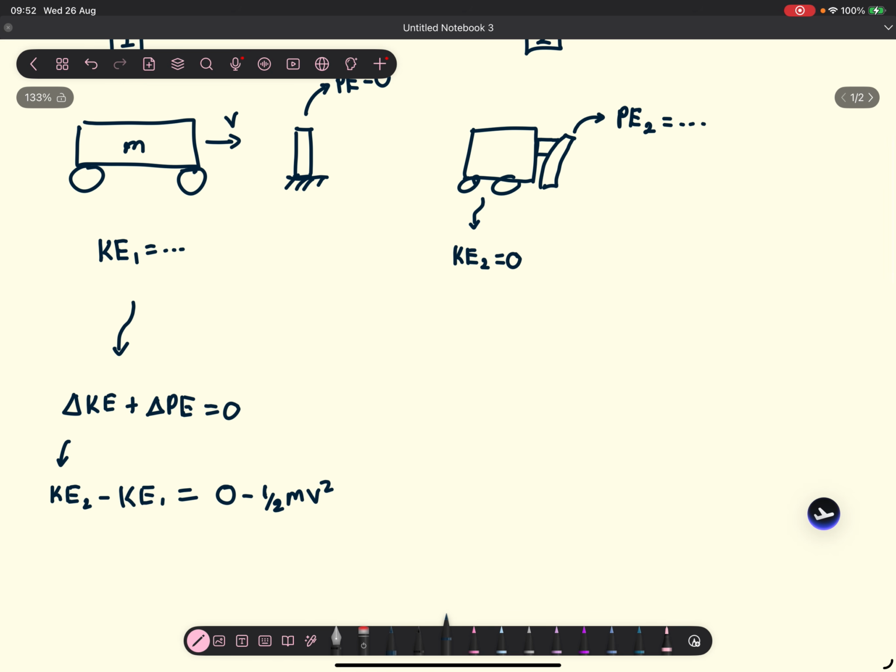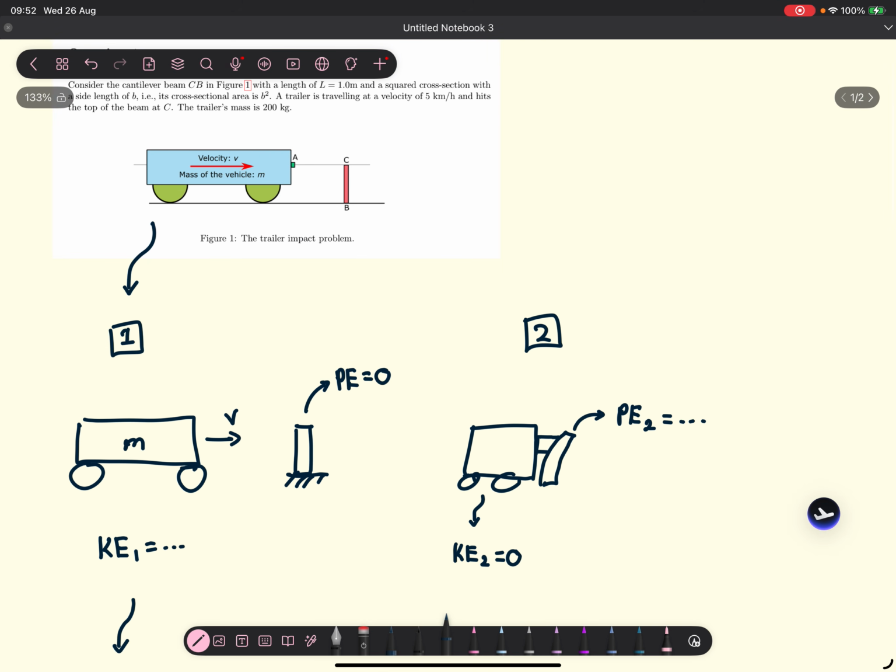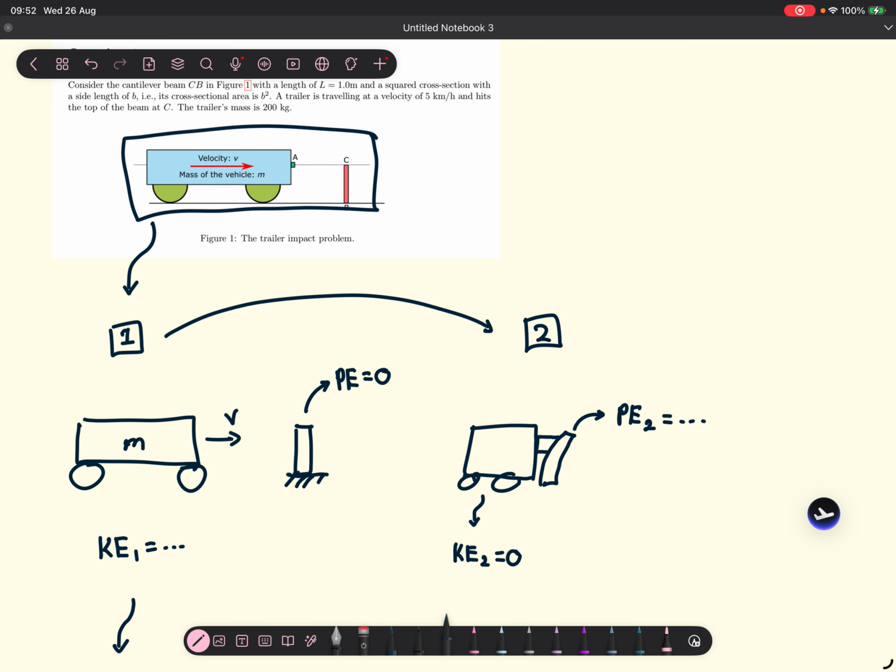So the change in kinetic energy is equal to minus a half mv squared, and we expect it to be negative because going from state 1 to state 2 it loses kinetic energy. If we regard this as our entire system, it loses kinetic energy and it gains potential energy. I hope that kind of makes sense.